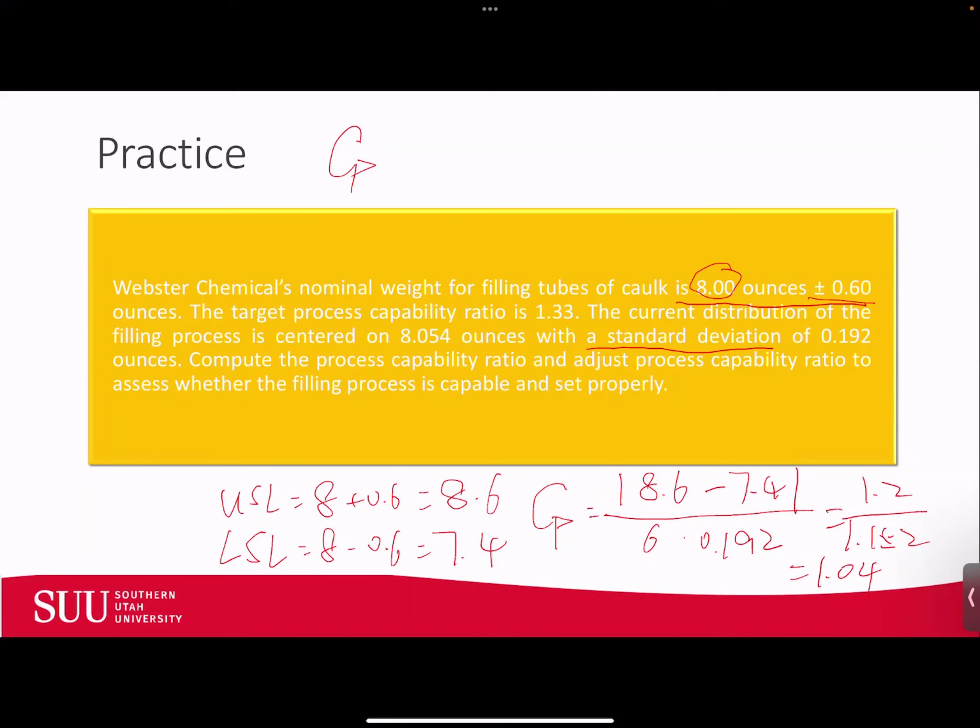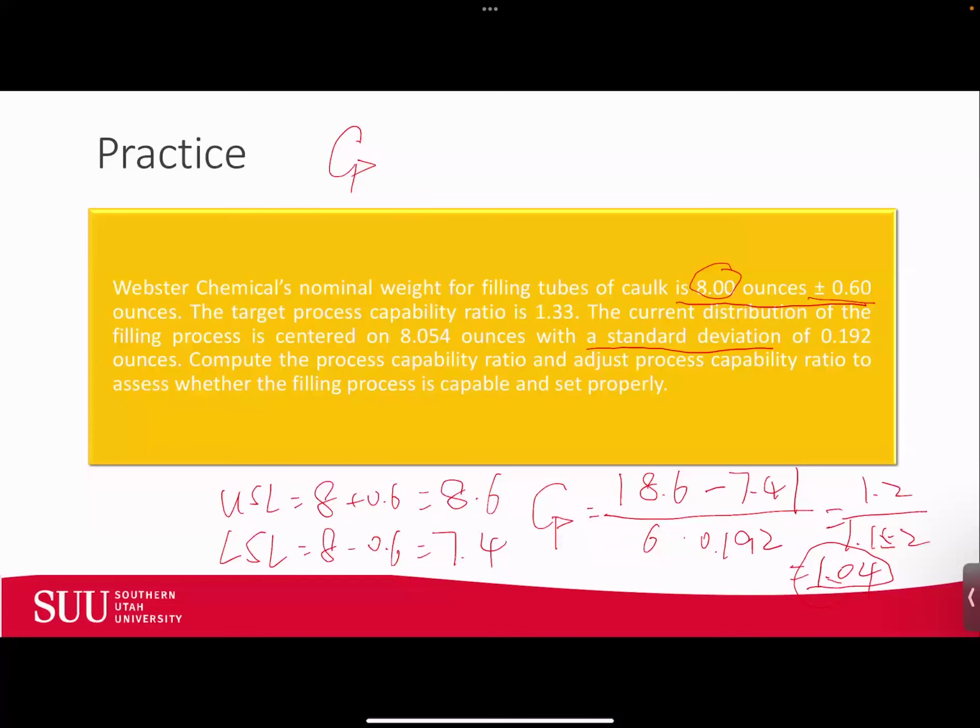Can I get the reason why you chose no or why you chose yes? I found one of you chose no. Okay, so if we go back to 1.04, if we only compare it with the number 1, then yes, above 1 is capable.